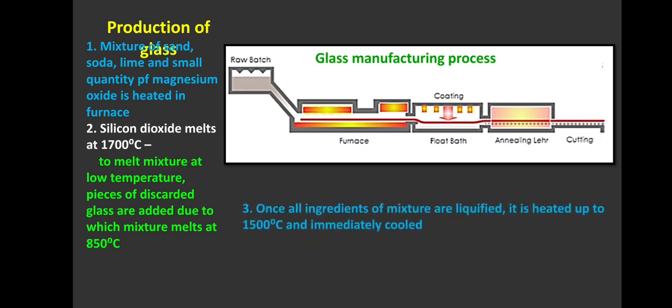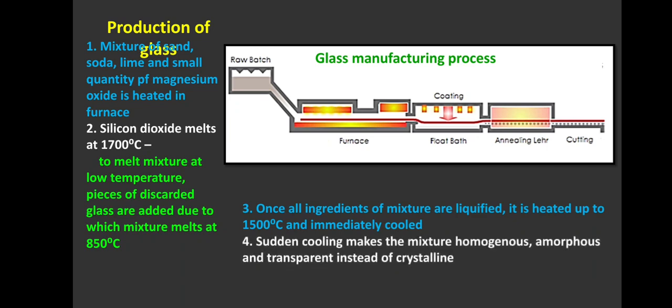Once all the ingredients of the mixture are liquefied, it is heated up to 1500 degrees Celsius and then immediately cooled down. Immediately you have to cool that down. When you go for this sudden cooling step, the mixture becomes homogeneous, that is of one phase, amorphous and transparent instead of crystalline.